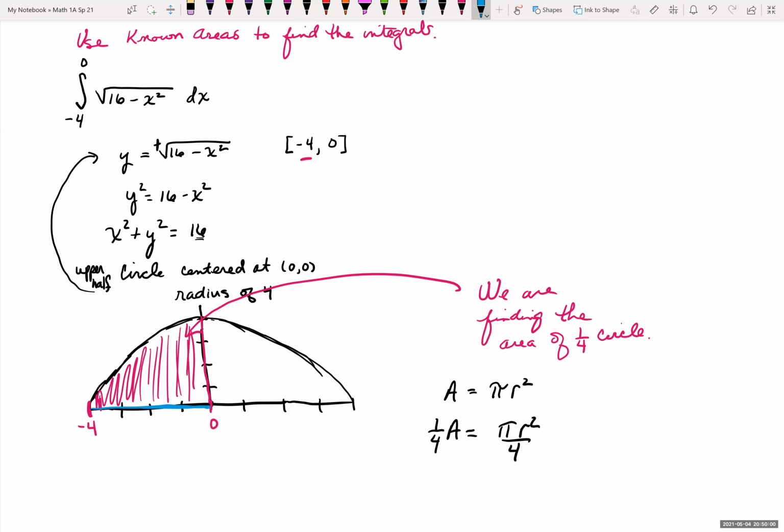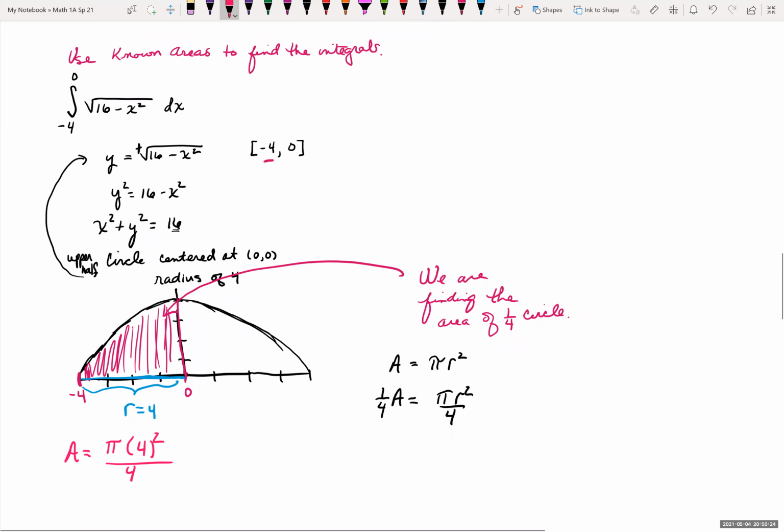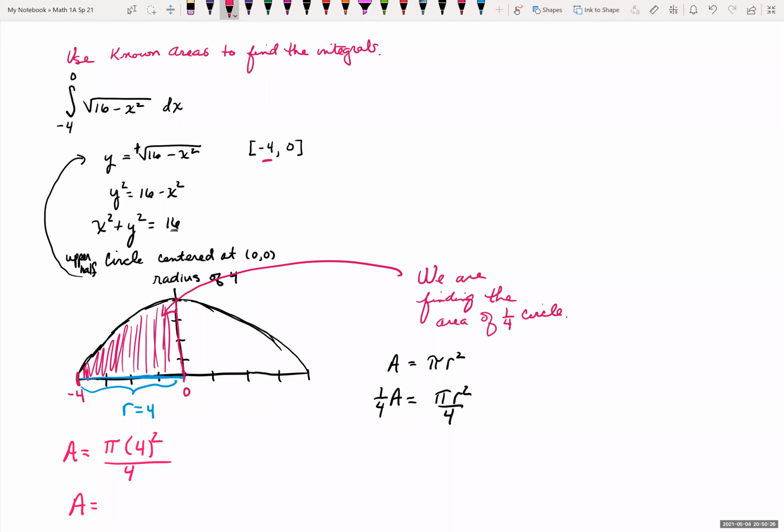Our radius is 4. So if we plug in 4, we can see that this area is equal to pi times 4 squared all over 4. Or the area, well, that's going to give me 16 pi over 4, which is 4 pi.